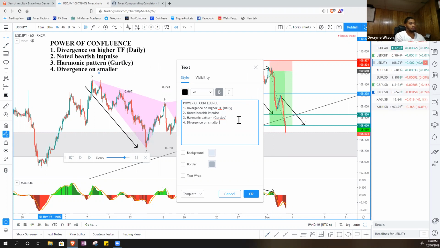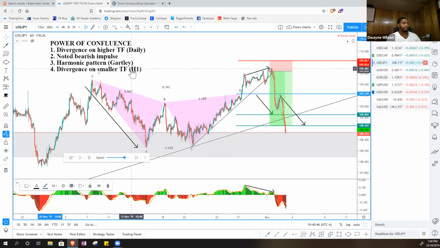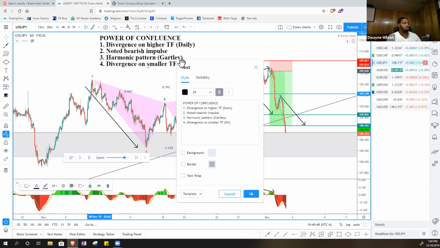I'll make a TF. Then, because we had the harmonic pattern, we can execute the trade, trend line break of the C to D leg.